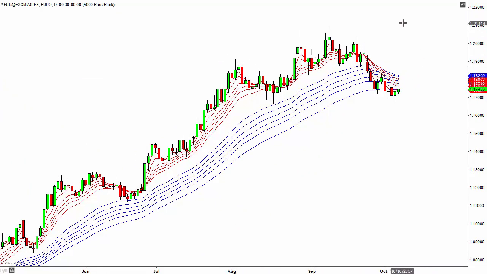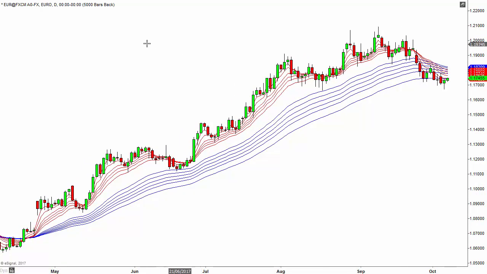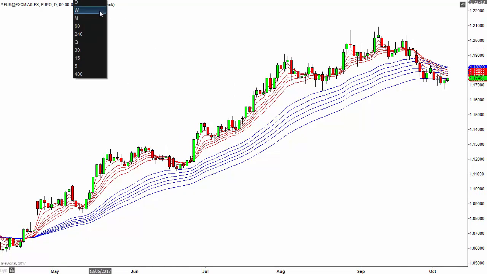Maybe it goes all the way back up to the highs, but I'm not going to be looking for that so much now. So what I'd be looking for is a bit of a bounce, and we're just starting that at the moment, over the next week or two, and then a gradual rollover.